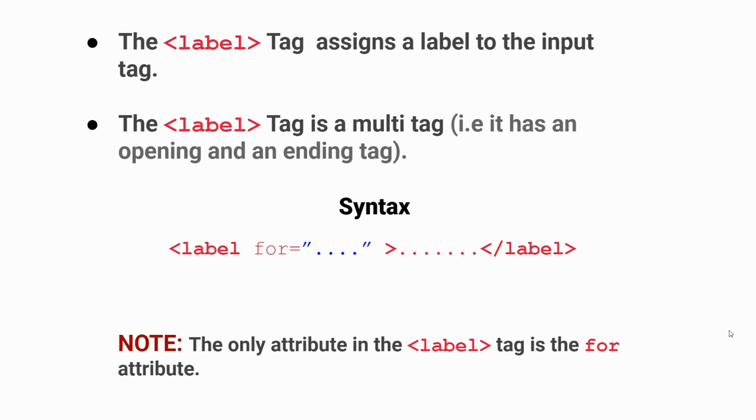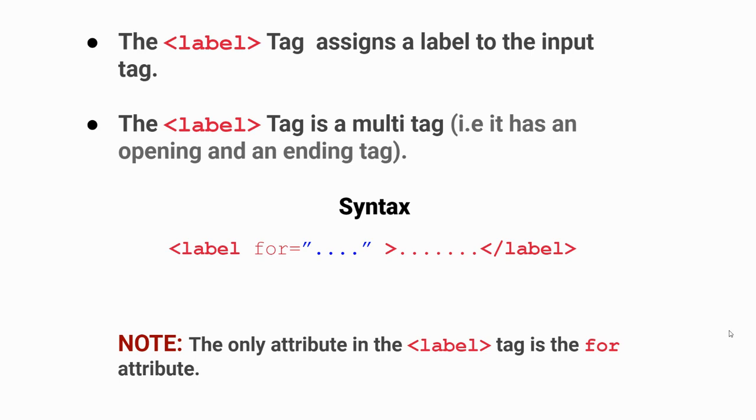So the label tag is a multi-tag, and it has an opening and an ending tag. Of course we know what a multi-tag is. It's a tag with an opening tag and a closing tag. So we can see the syntax of the label tag. It also has its own attributes.